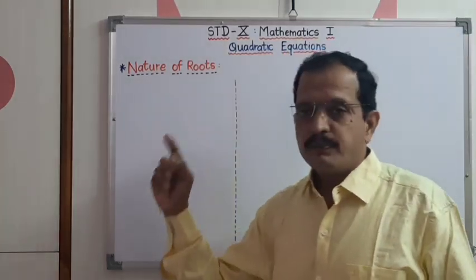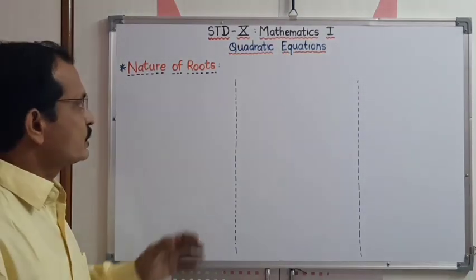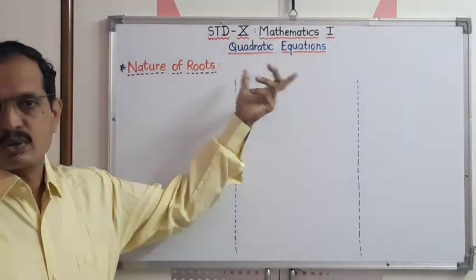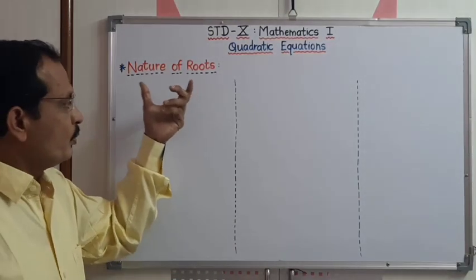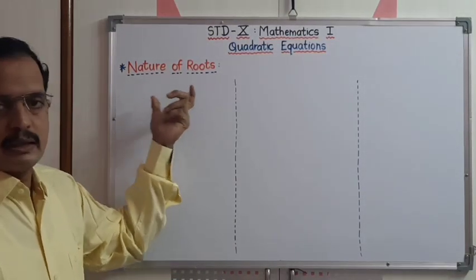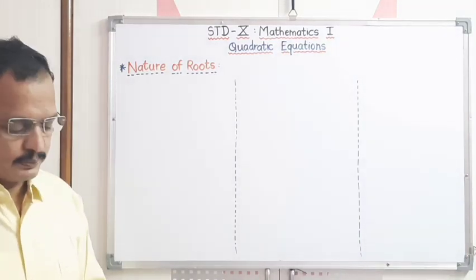Now see here, all of you know that there are two roots for the quadratic equation, and what will be their nature depends upon the value of b square minus 4ac.